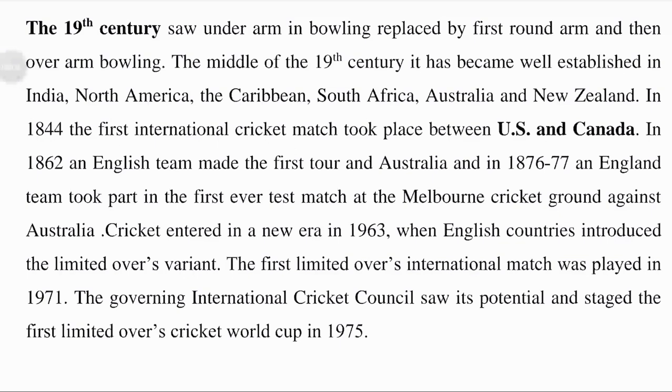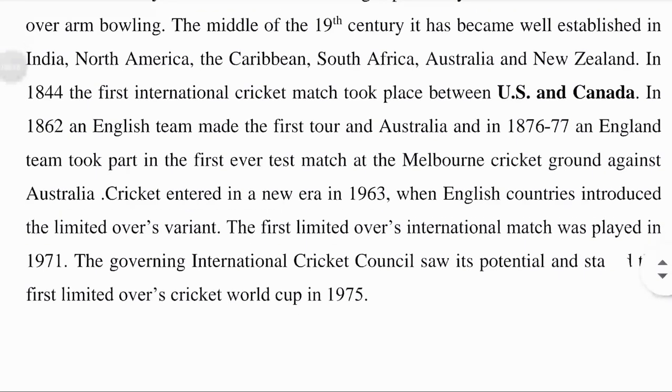Using round arm action, the bowlers extend their arm about 90 degrees from their body at the point where they release the ball. By the middle of the 19th century, it had become well established in India, North America, the Caribbean, South Africa, Australia, and New Zealand.